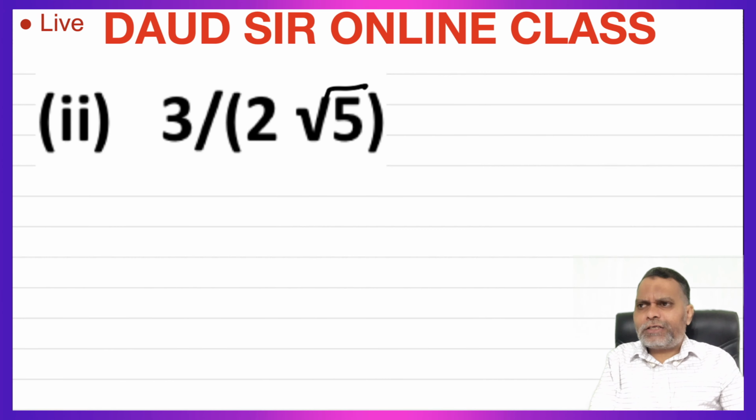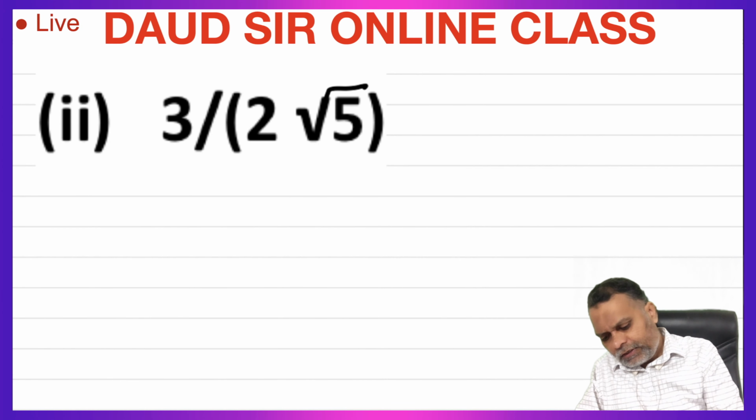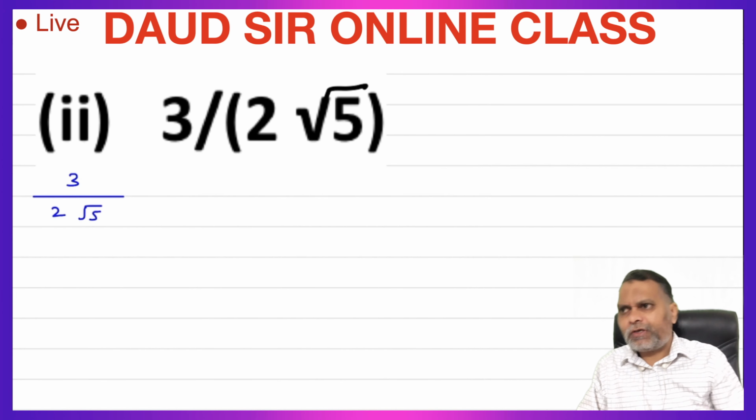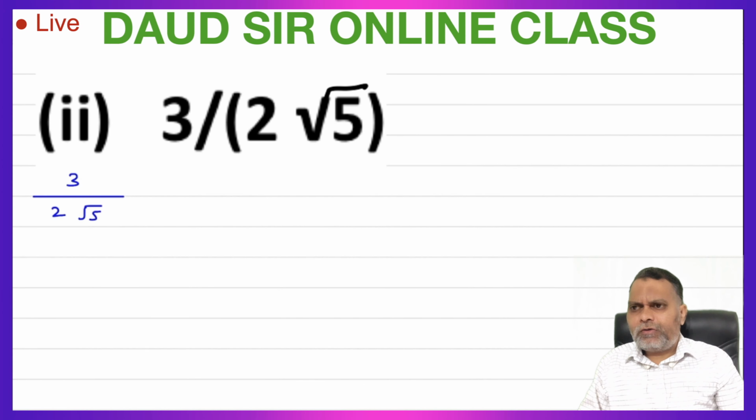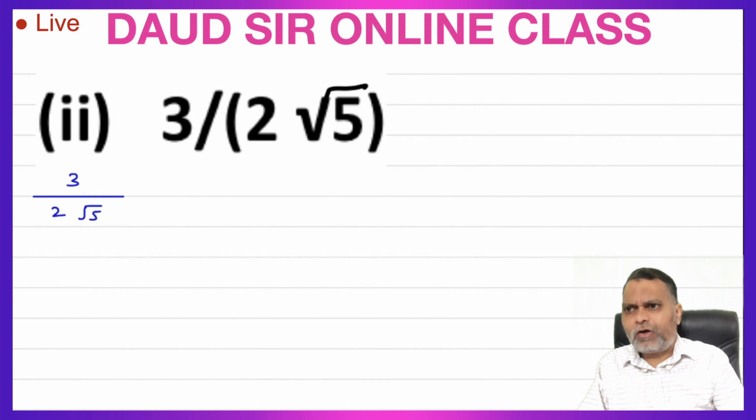Question number 1, part 2. 3 upon 2 under root 5. This we have to rationalize. Its denominator is 2 root 5. We cannot put the denominator quantity under the root sign, so multiplying and dividing by this root 5 only.